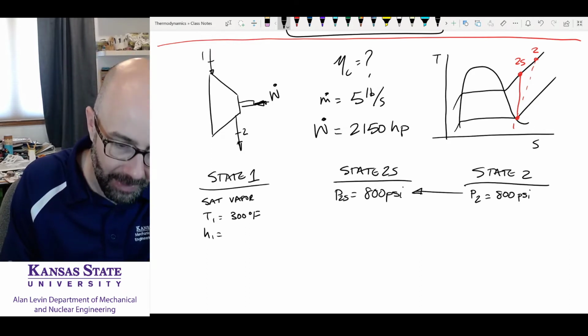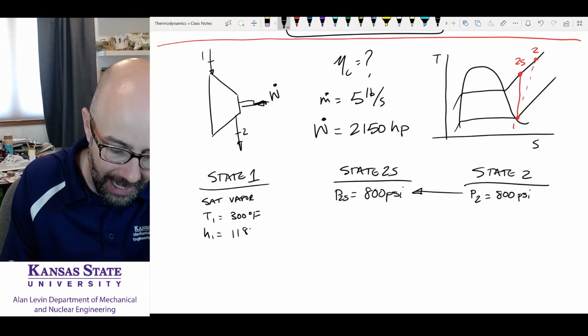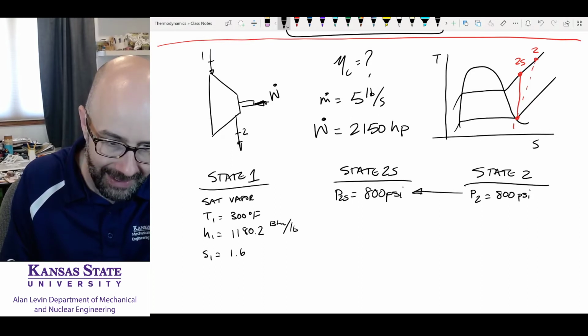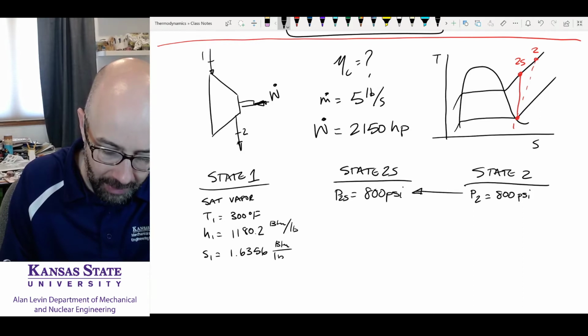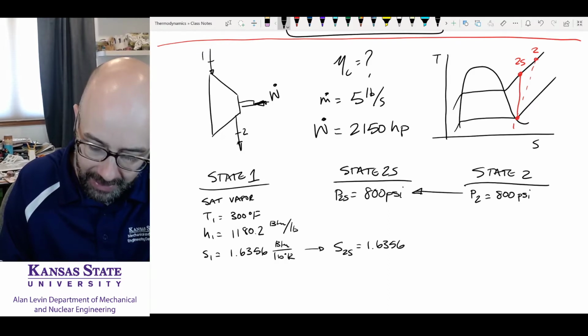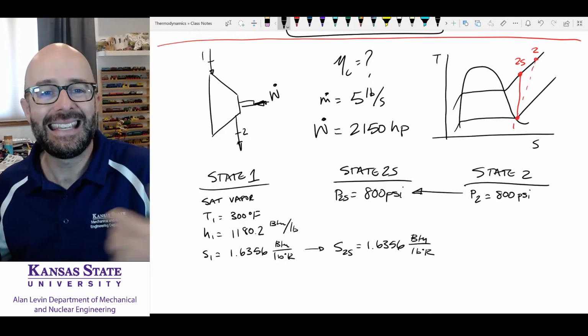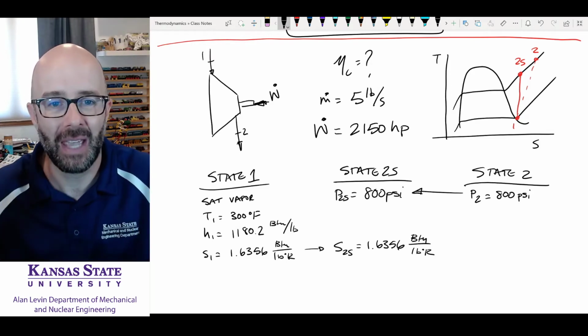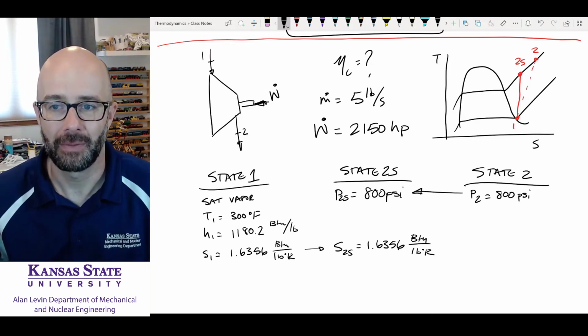I can find the enthalpy h1 is equal to 1,180.2 BTU per pound, and S1 is equal to 1.6356 BTU per pound per degree Rankine. I write that over here as S2s is equal to 1.6356 BTU per pound per degree Rankine. That is simple, and we know that's always the case for things with vapor domes that are not ideal gases.